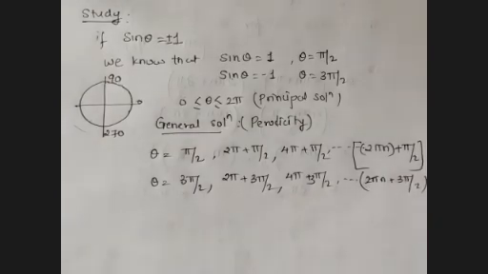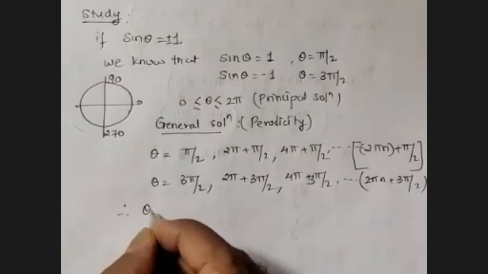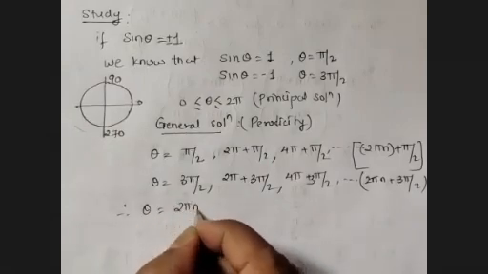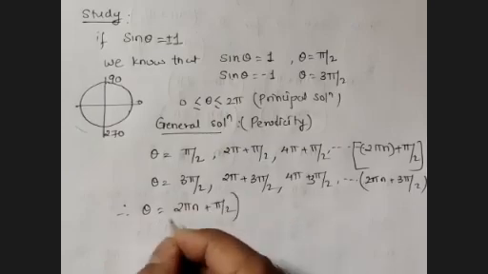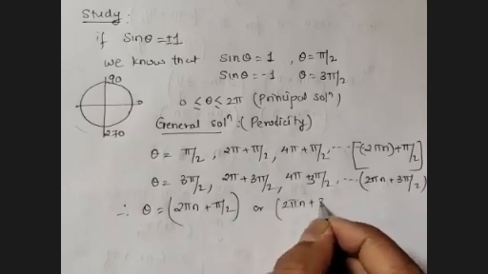If you have any doubt, now our angle theta is either 2 pi n plus pi by 2, or the angle is 2 pi n plus 3 pi by 2.